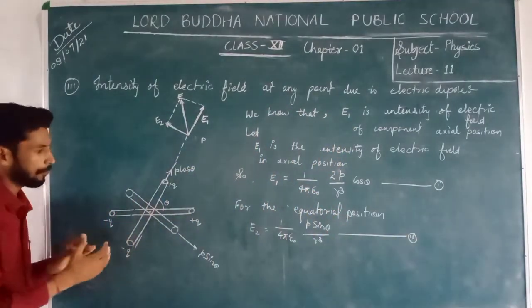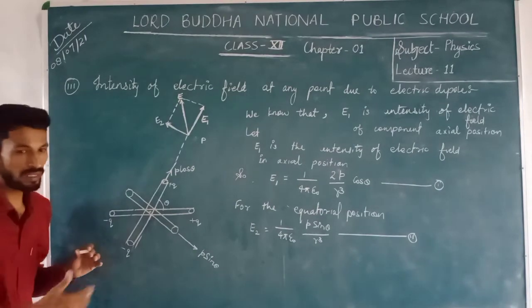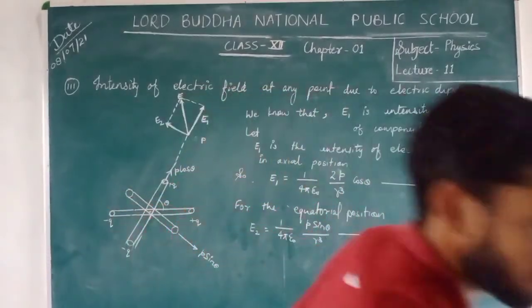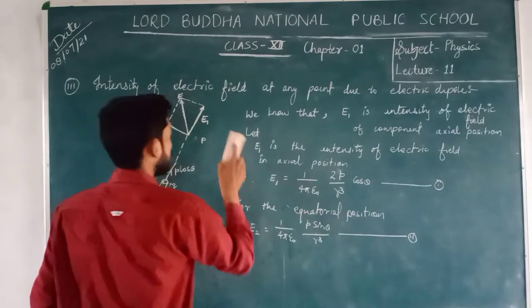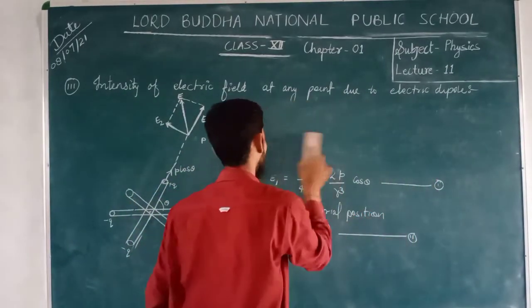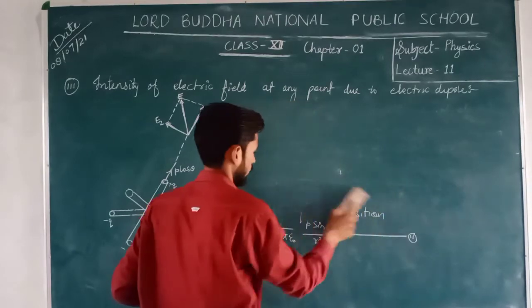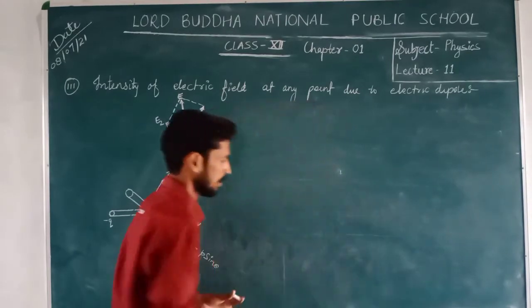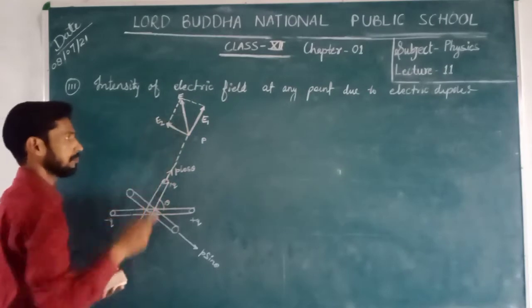So if we are going to calculate the total net intensity of electric field, then we can calculate the resultant.